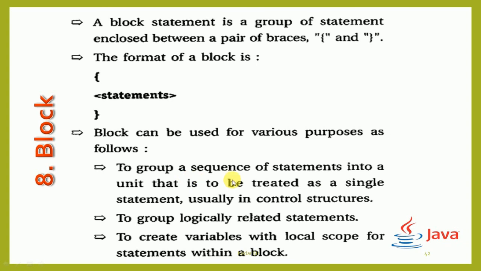To group a sequence of statements into a unit that is to be treated as a single statement, usually in a control structure. To group logically related statements. And you can create variables with local scope for statements within a block. So these are the various purposes for which you can use the block.